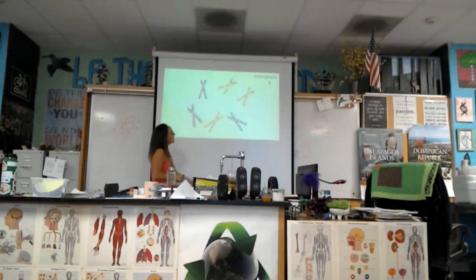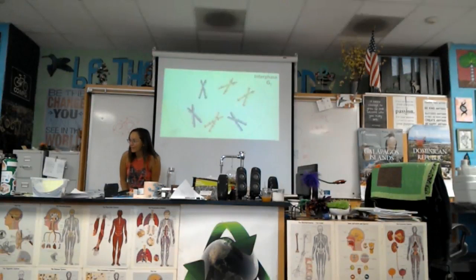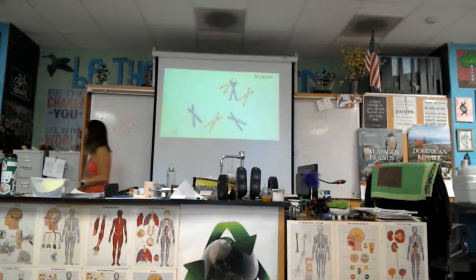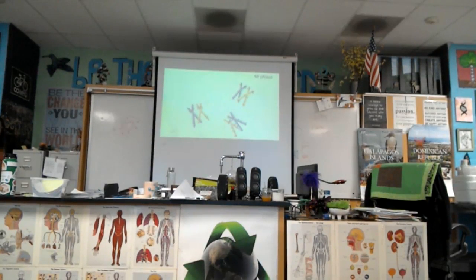Okay, so now here, S phase. Now in the beginning of M phase, we go through G2, which prepares for division. One of the first steps in M phase is that the homologous pairs are going to pair up. They're going to find their matches. Does this happen in mitosis?